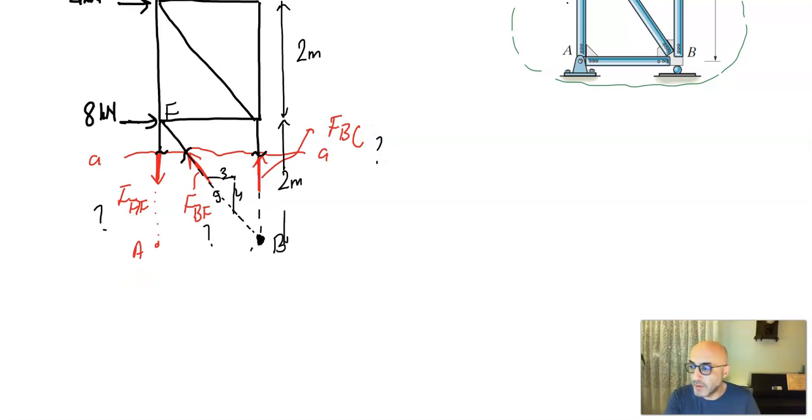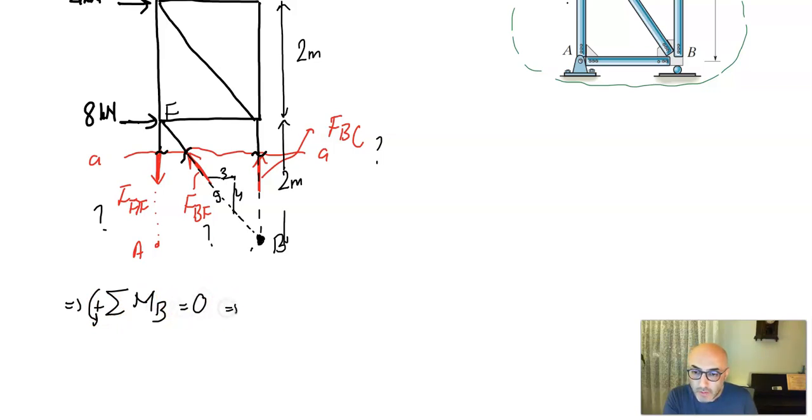So taking moments around point B and then taking moments around point F could be one strategy to find FBC and FAF. So let's say the total sum of the moments that all these forces are causing around point B is 0.